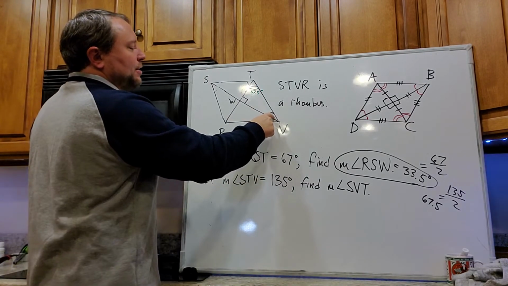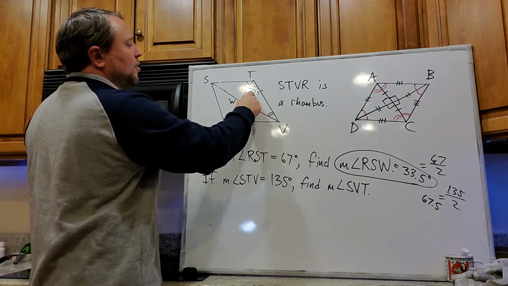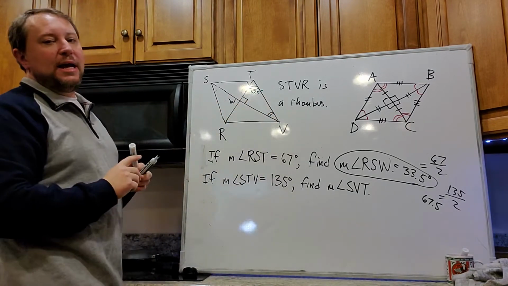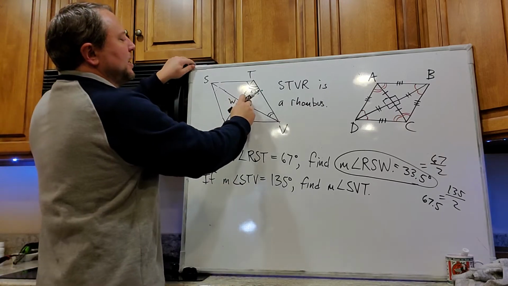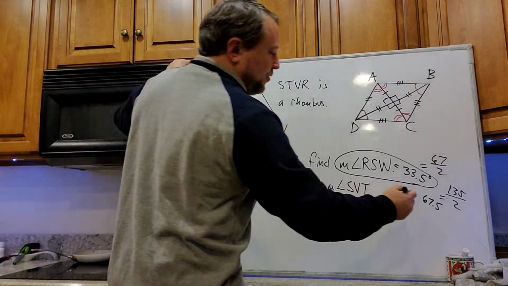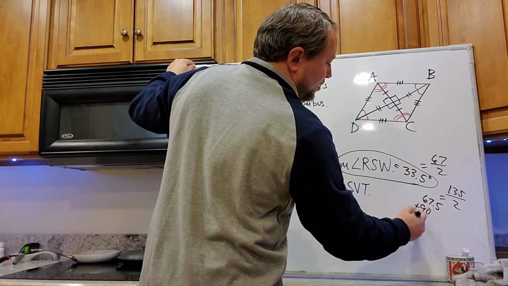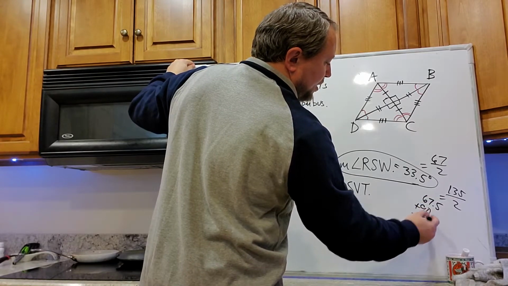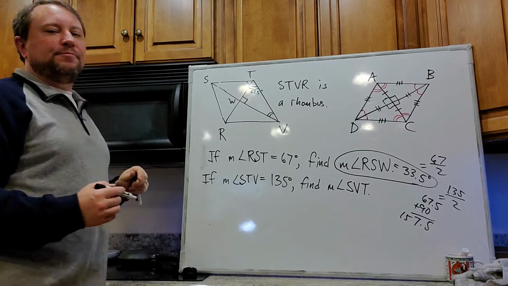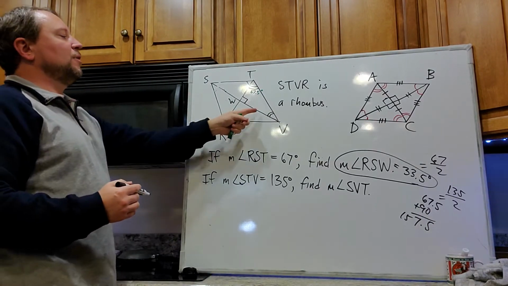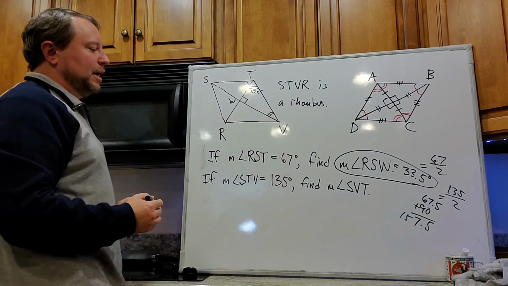If I want to find this last angle over here, I know all three of those should add up to 180 in any triangle. So I'm going to take 90 plus 67.5. I'm going to add those together and see what that gives me. That gives me 157 and a half. I'm going to take that away from 180 to find our last angle now.